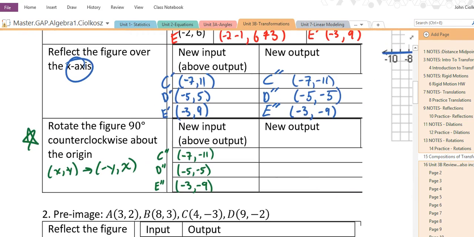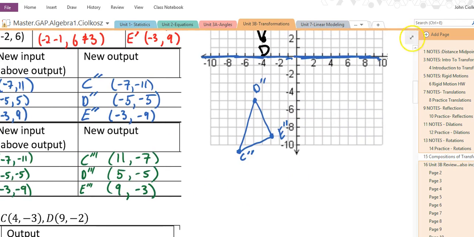That means we're going to switch that sign. So C triple prime, because it's our third one we're executing. Negative 11 goes first, and I'm changing the sign to positive. Negative 5 goes first, make it positive. Negative 9 goes first, make it positive. And if they had been positive in the first place, then we'd be making them negative.